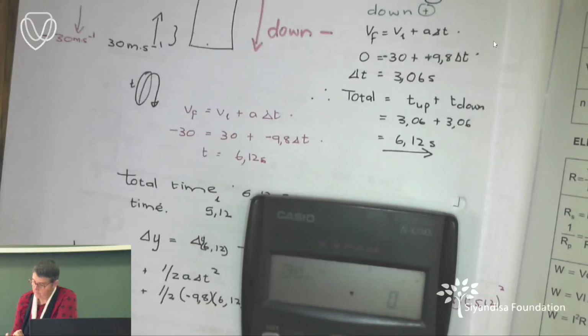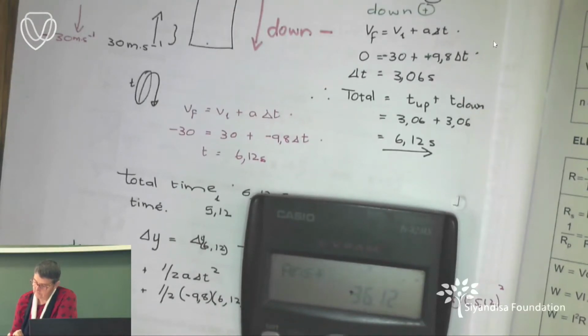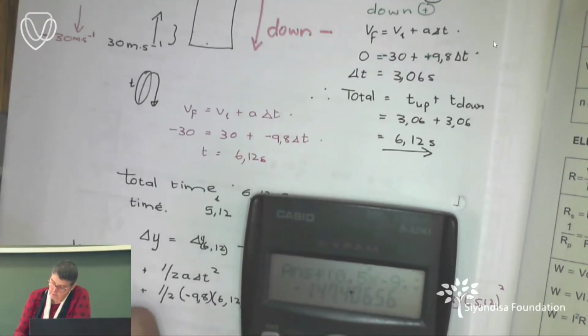Right, you can do it all in one if you want to. Times by negative 9.8 times by 6.12 squared equals. Right, and I get, we'll check now if I'm right.